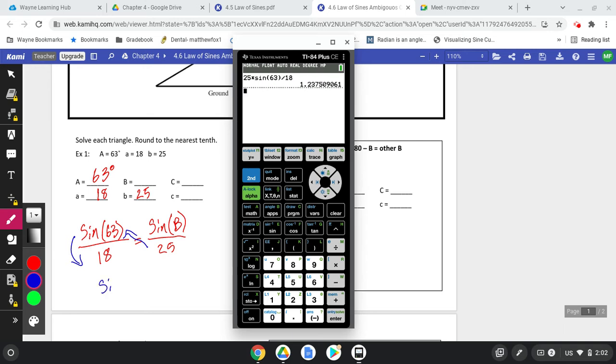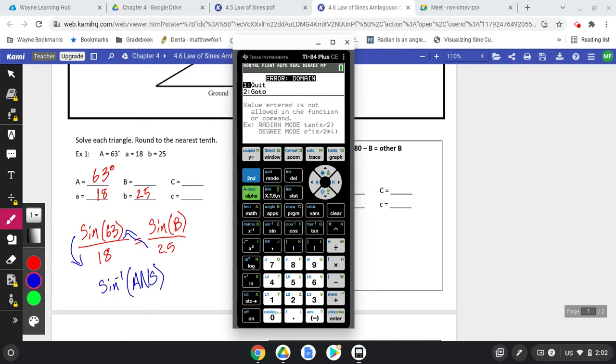We need to take the inverse sine of our answer, and that will tell us what angle b is. So to do this, hit second sine, then second, right here on this negative sign, it's ANS. That stands for answer. So when I hit that, close it. That pulls the answer from the previous question right there.